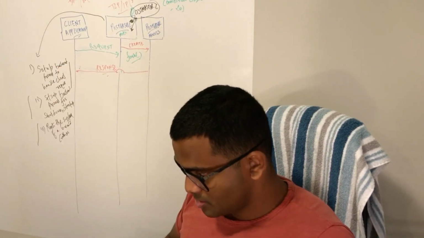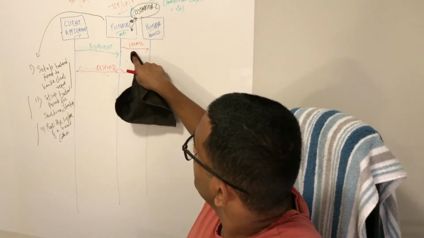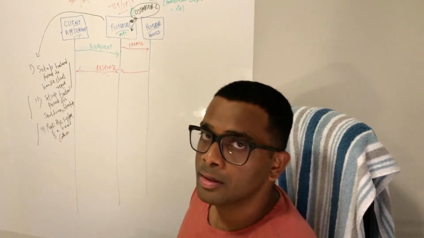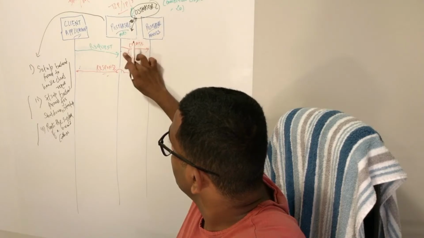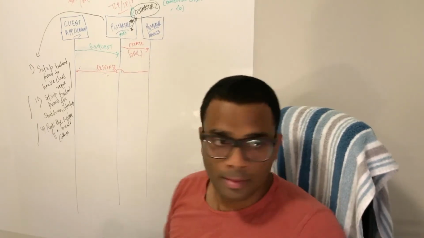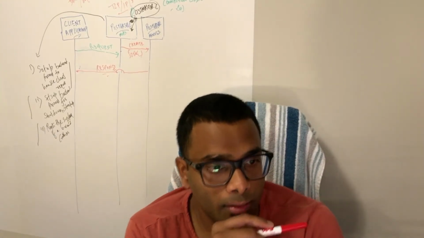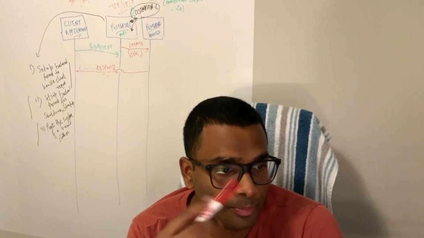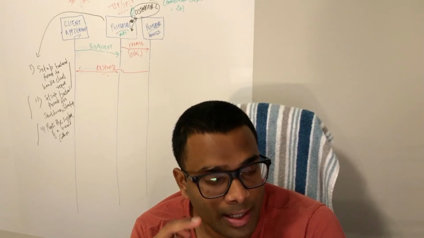Maybe I should use a different color, because we use green for client, right? So maybe I should use another color for fork. Okay. We now fork immediately. The child process performs authentication of the request and then becomes a backend if successful.